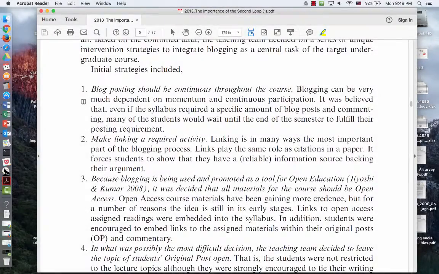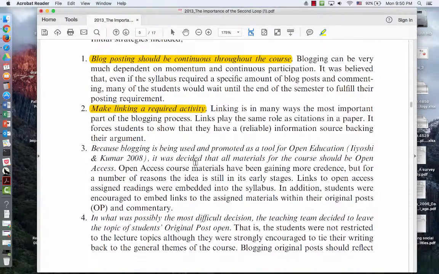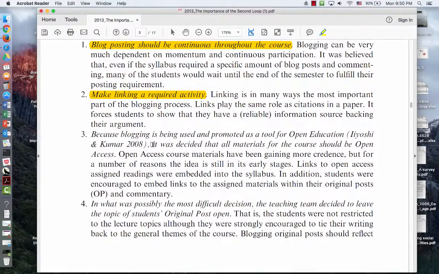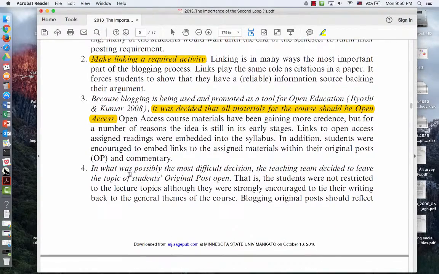For example, the instructors decided that blog posting should be continuous throughout the course. There is a required activity about blogging, and it was decided that all materials for the course should be open access. Additionally, the students were not restricted to the lecture topics when they write their blogs.